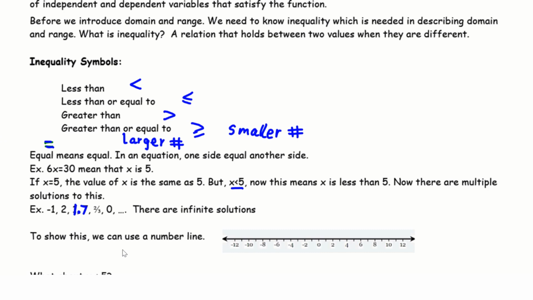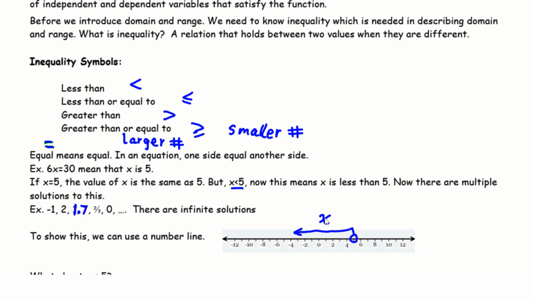To show this, we can use a number line. For the 5, we circle 5 here, using an open circle. X less than 5 means all the numbers on the left side of the 5 on the number line are the solutions.